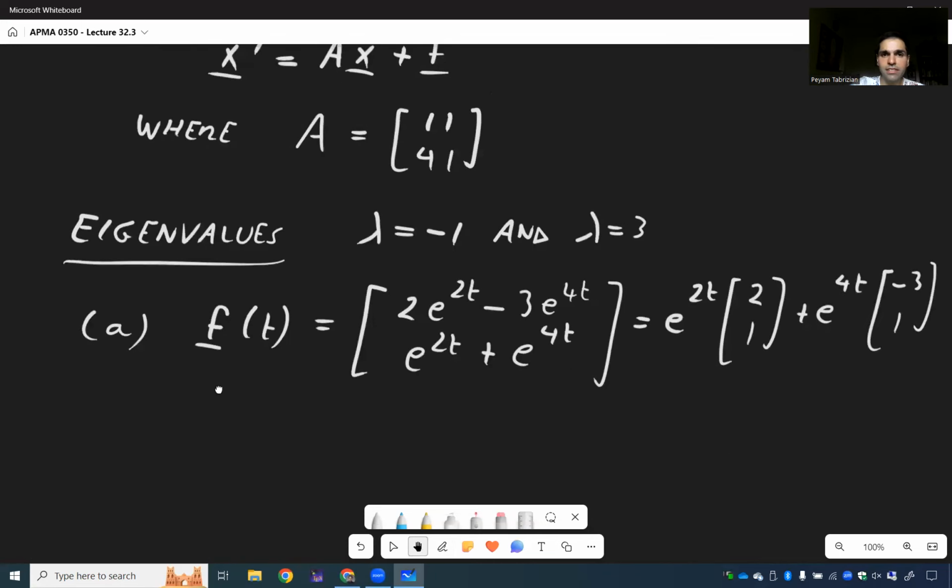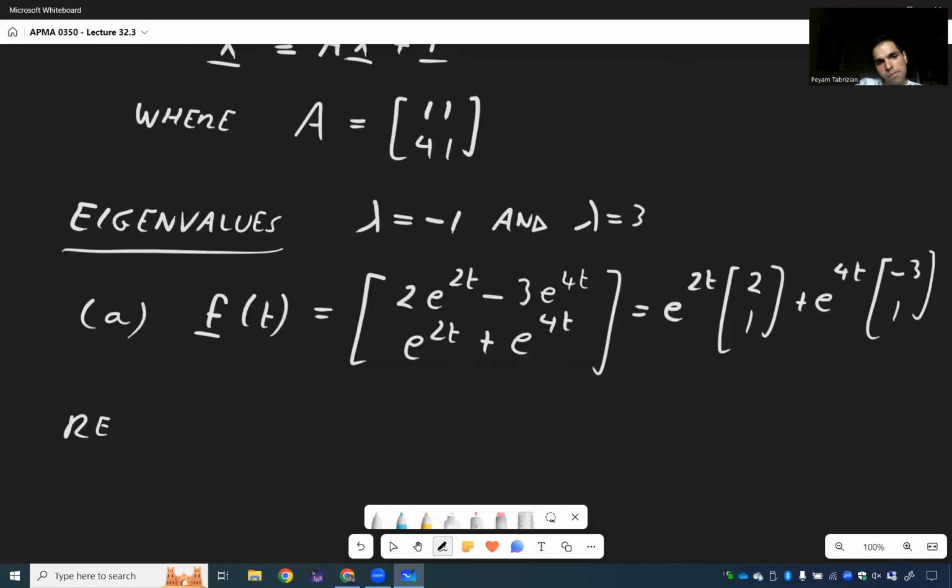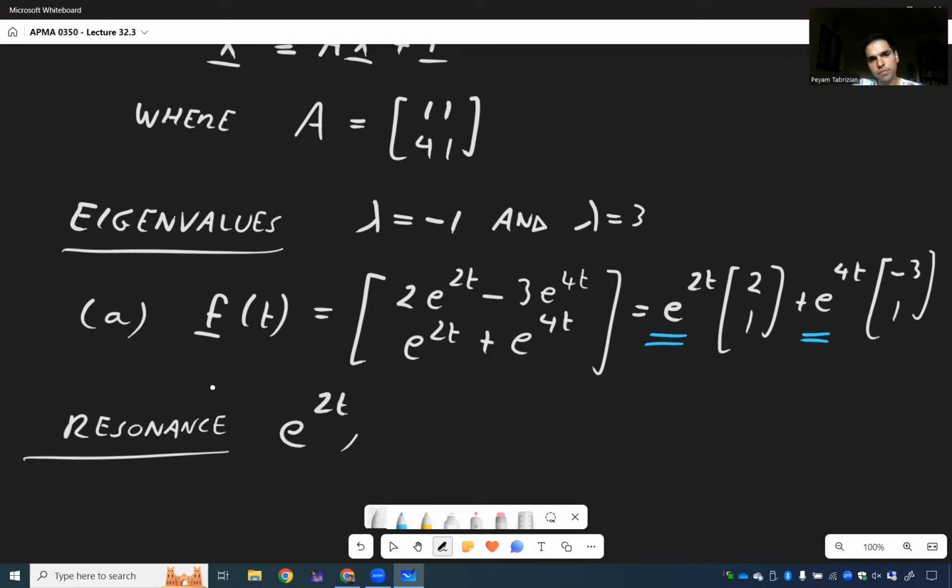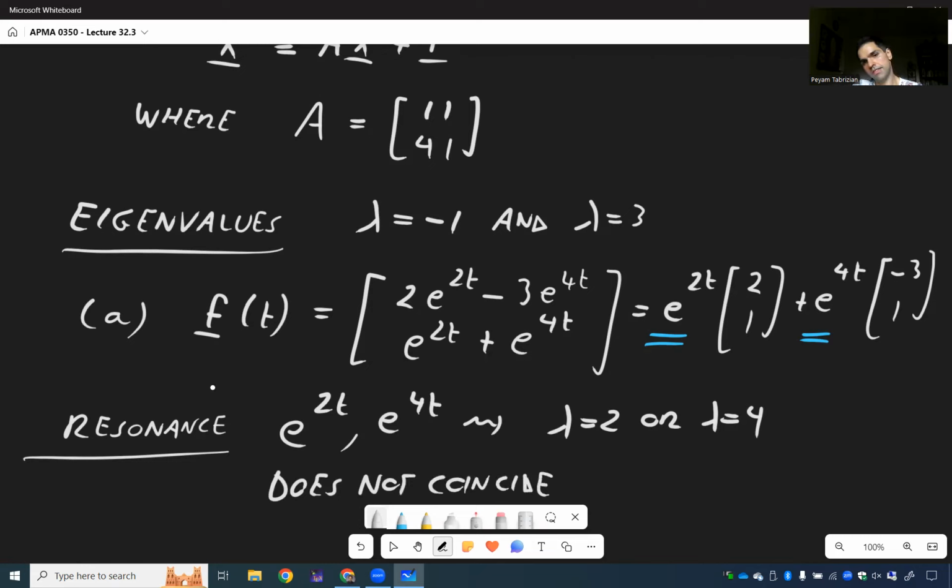So here for resonance, we'll look at the right-hand side. So we have e to the 2t and e to the 4t. That corresponds to lambda equals 2 or lambda equals 4, which does not coincide with lambda equals -1 and lambda equals 3.